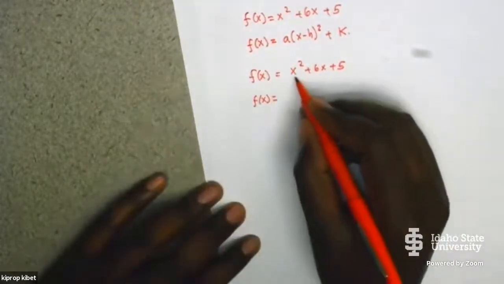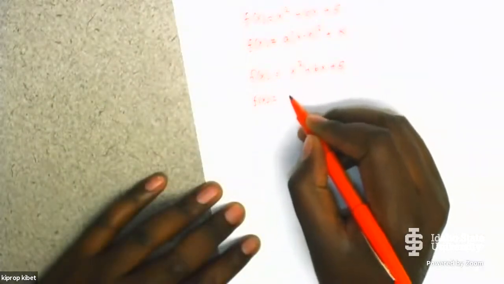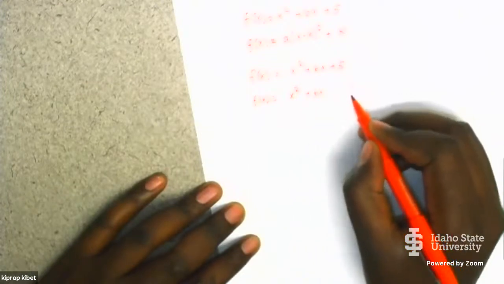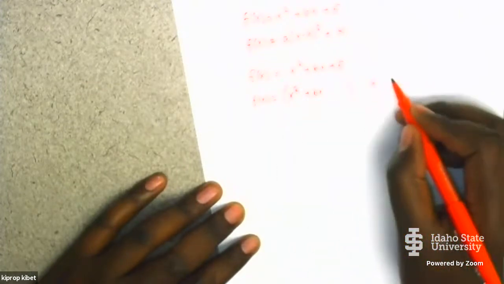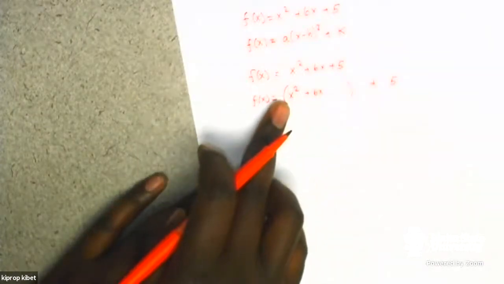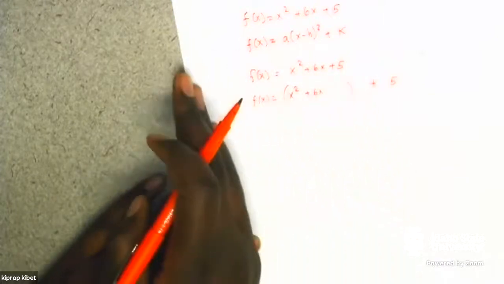Since the coefficient of x squared is 1, it will just be x squared plus 6x in brackets, and then plus 5. If the coefficient of x squared was either 3 or 4, then you need to factor it out.